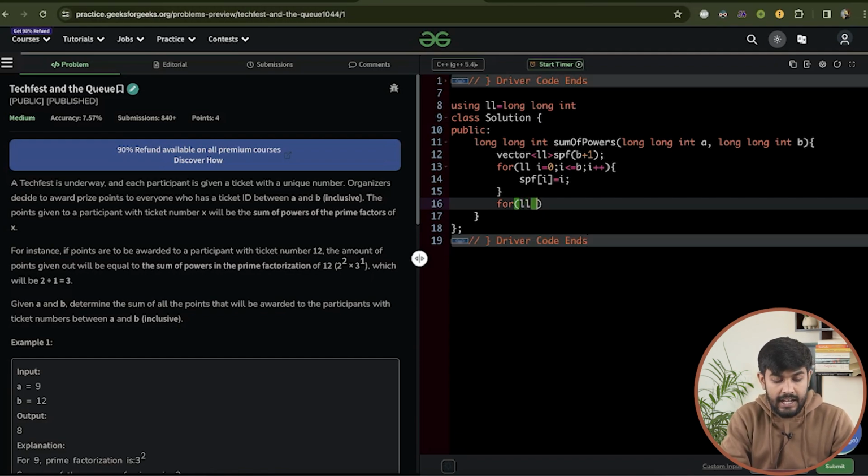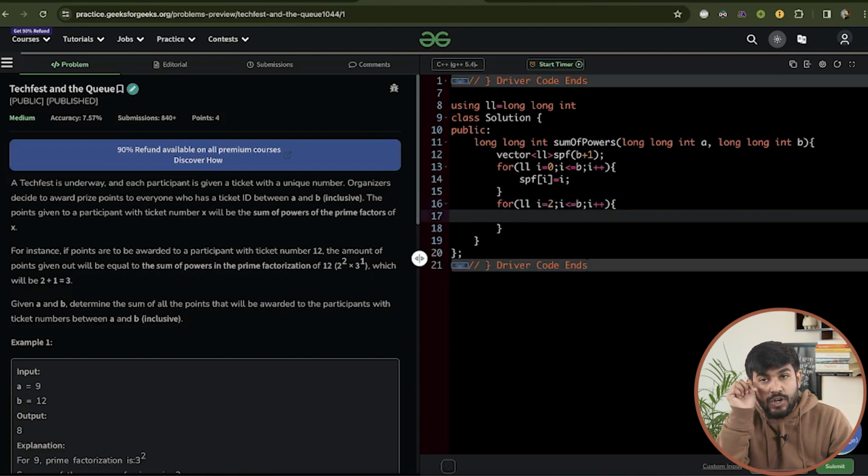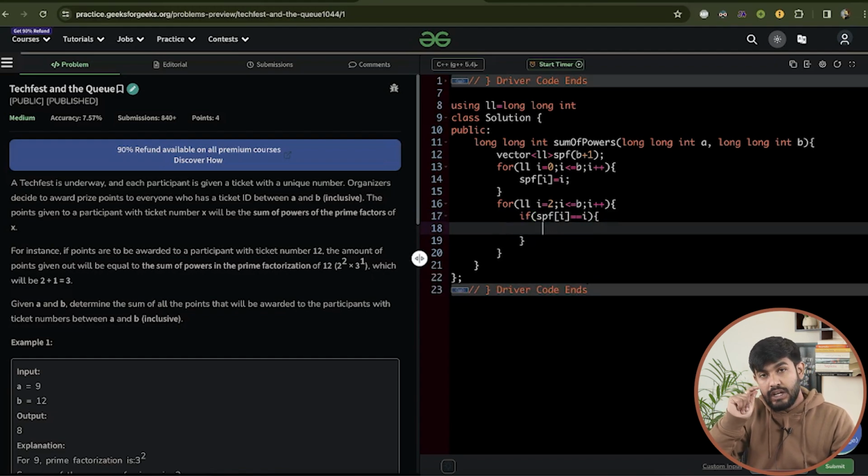So for ll i = 2, i <= b, i++. Now if we get hold of a prime number, that is, if SPF of i equals i, then it is a prime number. So we would mark all the multiples of the prime number with it.